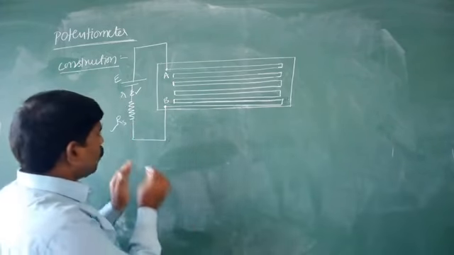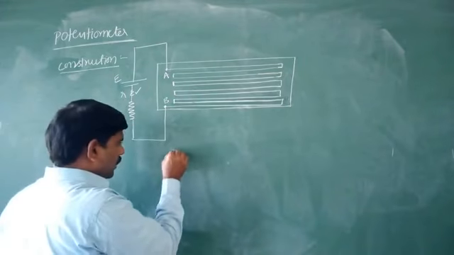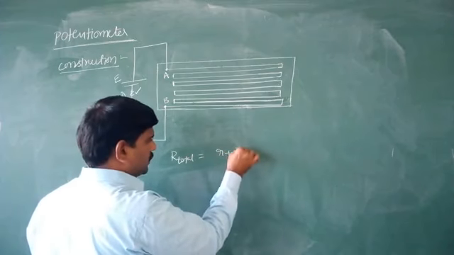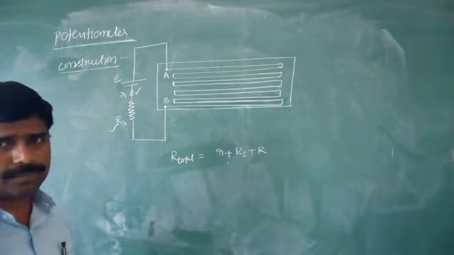Therefore, what is the total resistance in that circuit? Total resistance R total is equal to small r plus Rs plus capital R, all connected in series combination only.